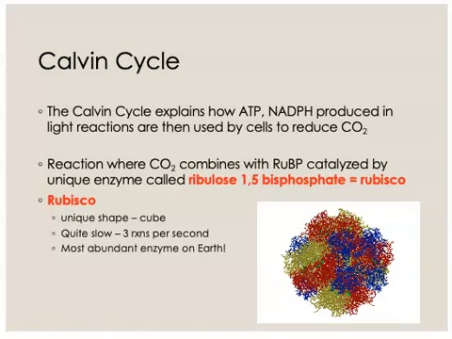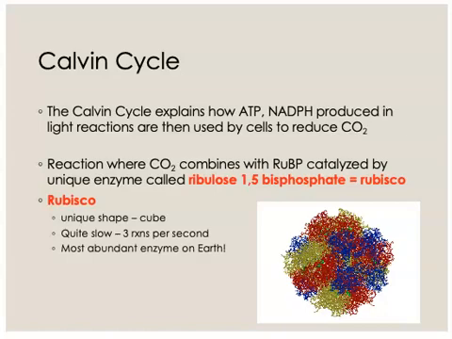Now, one other thing to note about the Calvin cycle. The Calvin cycle is telling us what the products of the light-dependent reactions are being used for. The ATP and the NADPH that's produced during the light-dependent reactions get used by that photosynthetic cell to reduce carbon dioxide gas and produce glucose.